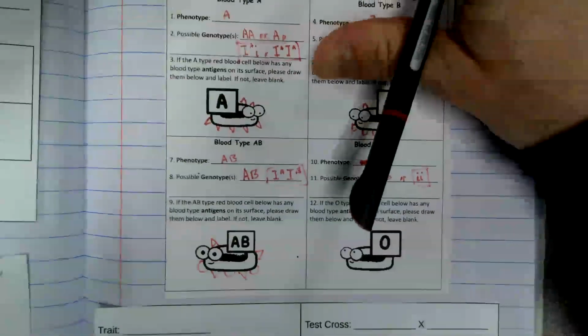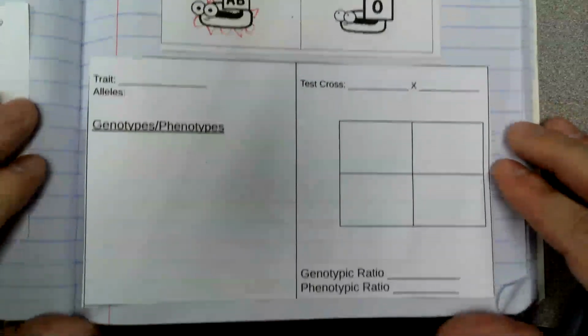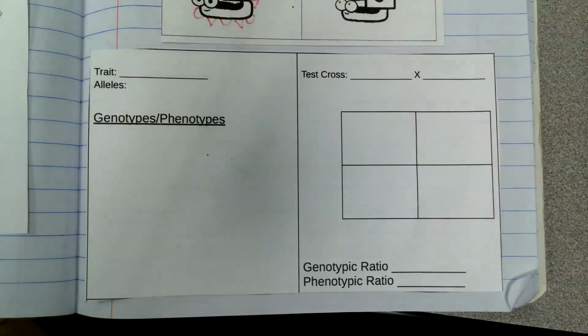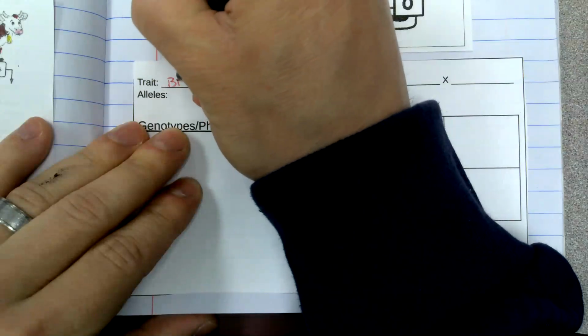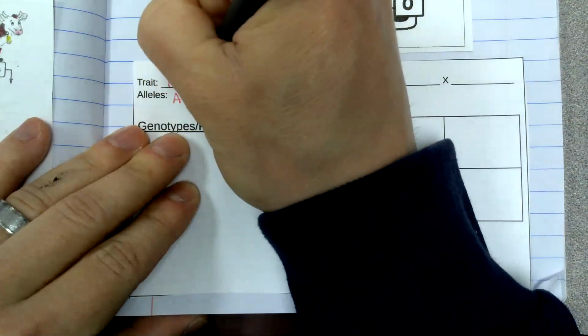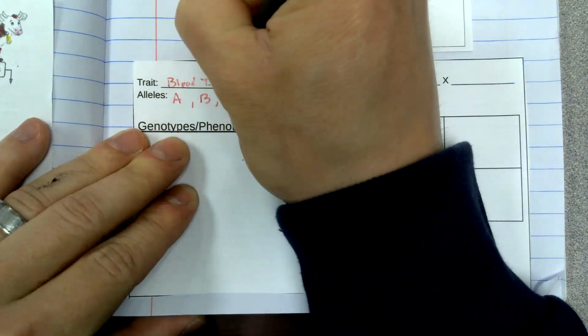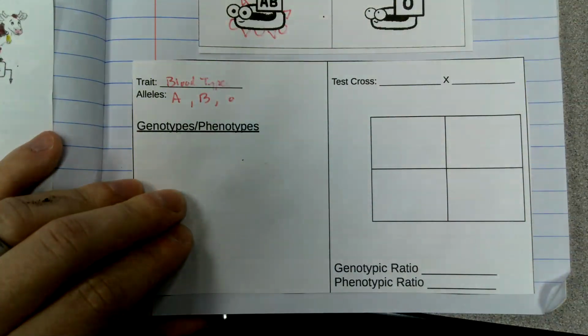So what does a cross look like? So my trait here, again, is blood type. I've got A alleles, I've got B alleles, and I've got O alleles.